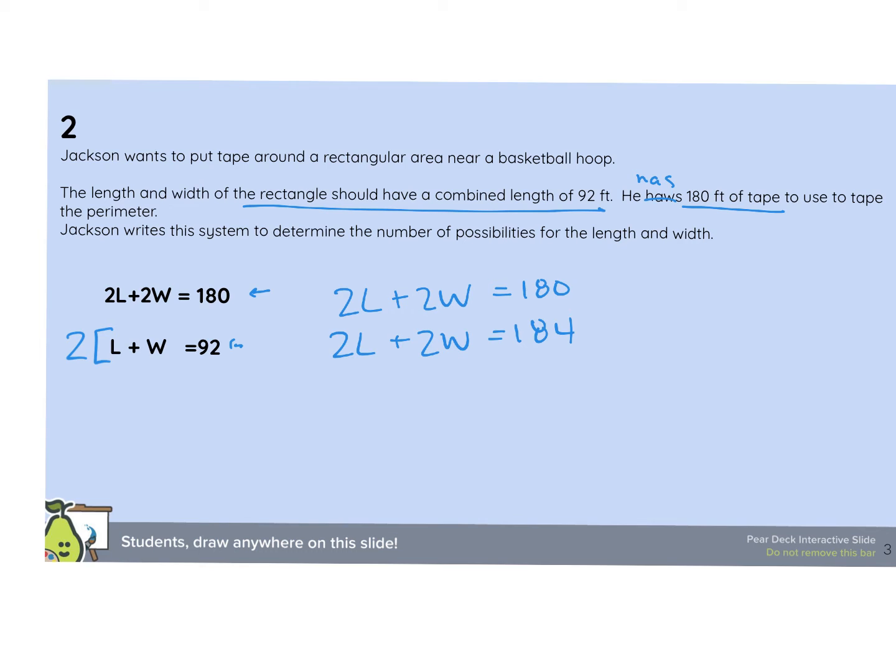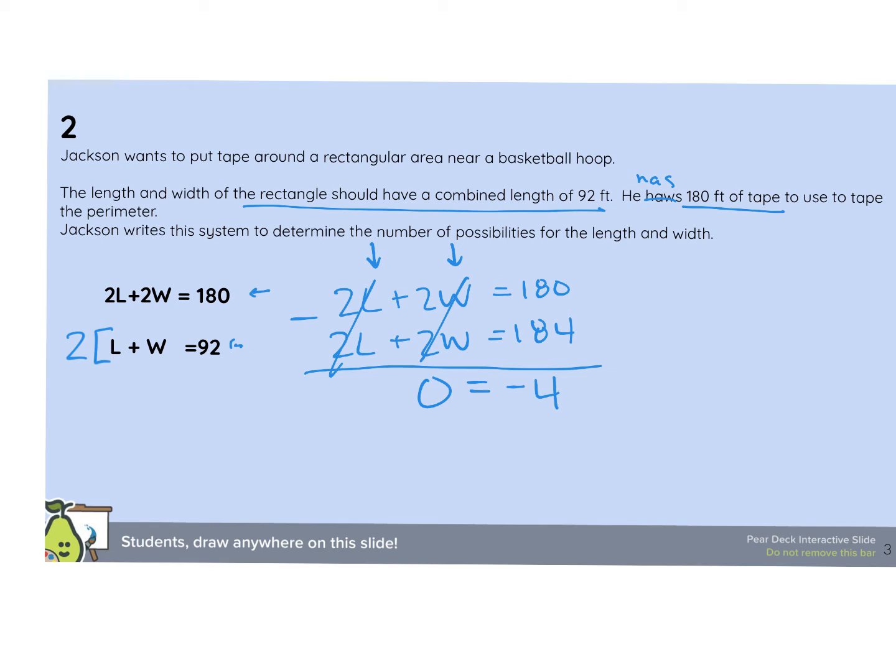So both of my coefficients are 2 for L and for W. So if I subtract, the length and the width both go away, and that leaves me with 0 equals -4.